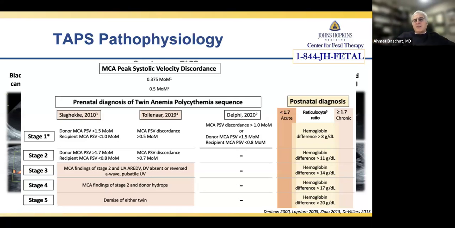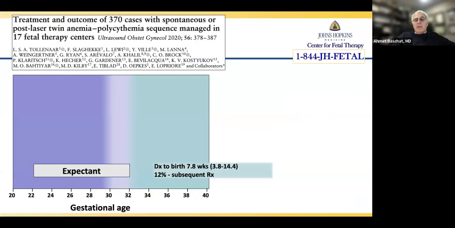The most restrictive is the recent Delphi consensus, which basically says the discordance has to be at least 1 MOM, and one baby has to have clear signs of anemia, while the other one has to have clear signs of polycythemia. The higher stages are basically allocated using the same parameters that we use for Quintero staging.